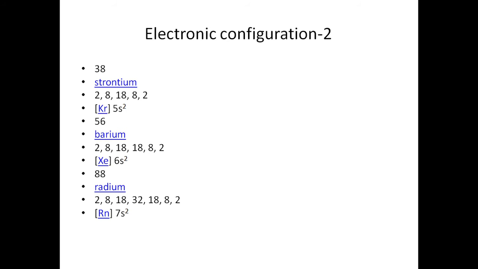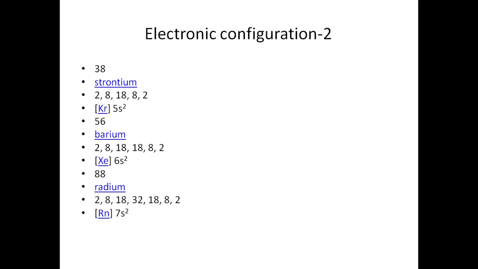Strontium, atomic number 38, has configuration 2, 8, 18, 8, 2 with the inner configuration of inert gas krypton and outermost completely filled s orbital with the 2 electrons, that gives 5s2. Then barium, atomic number 56, configuration 2, 8, 18, 18, 8, 2, inert gas configuration from xenon, and 6s2 is the outermost completely filled s orbital.